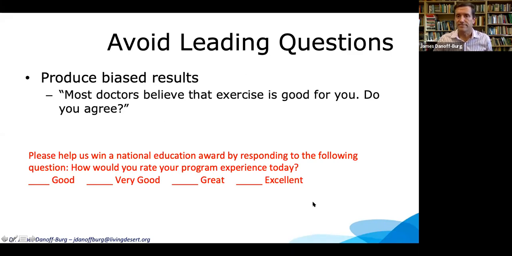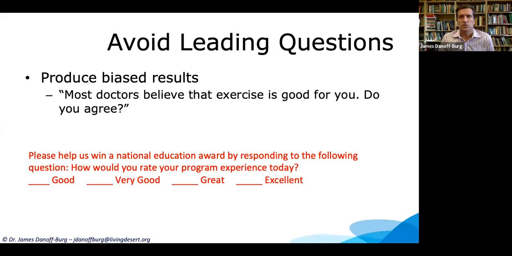It's all good. It's good to excellent. So if you were to write this question this way, how would you rate your program experience today, and provide only these four options, you could say 100% of our respondents said that their program experience today was good or better.